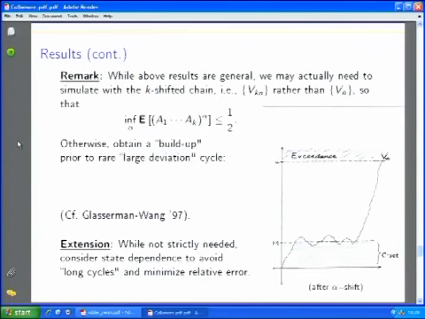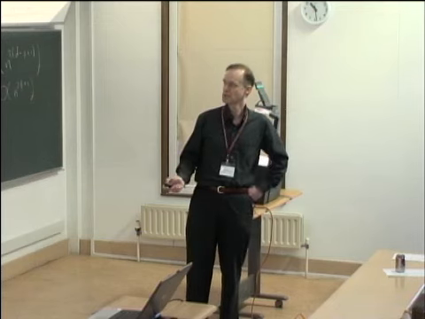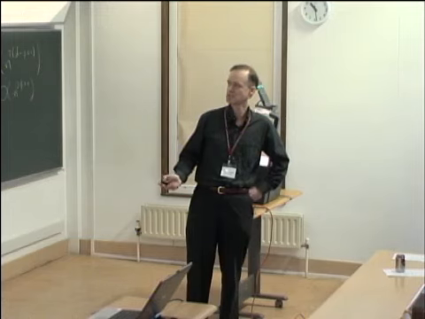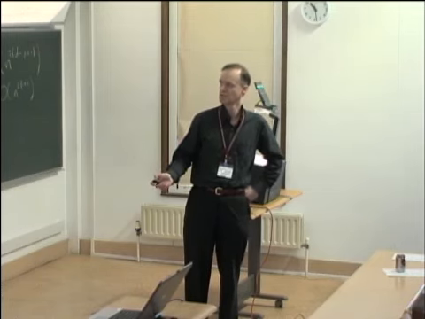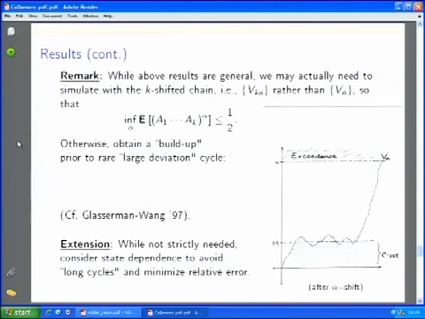In this case, one also needs to pay attention to the regeneration times of the underlying Markov chain, and that plays an important role in the estimate. So in this context, it becomes interesting to also consider state dependence, in the sense that the behavior near zero is away from the large deviations regime, and so it makes sense to consider alternative changes of measure in this region, which is something we're looking at.